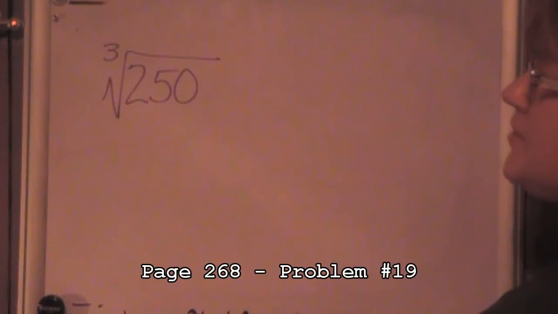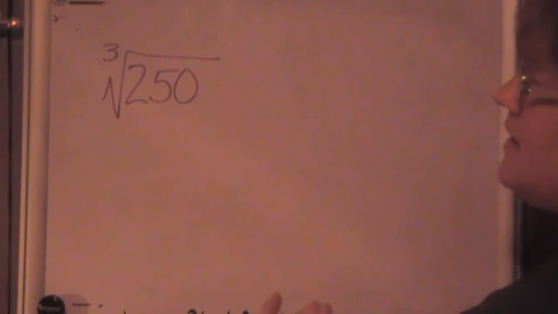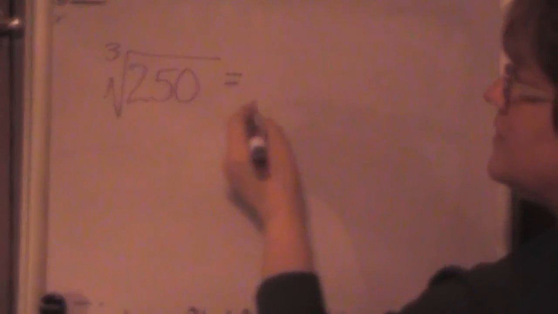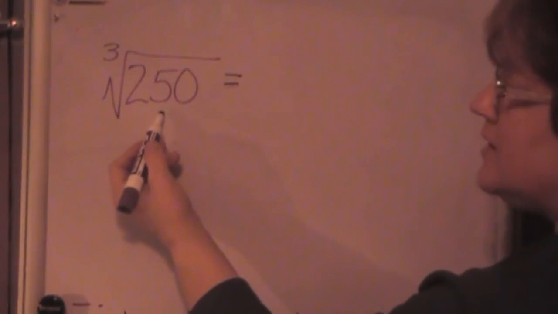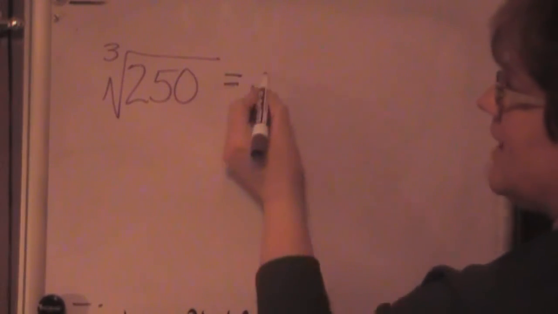Now my index here is 3, so I'm taking the cube root of this, which means I have to have 3 exactly alike factors inside of the cube root sign to bring out one of them. So if I have, you could say this is 25 times 10, but I really need 3 factors alike.